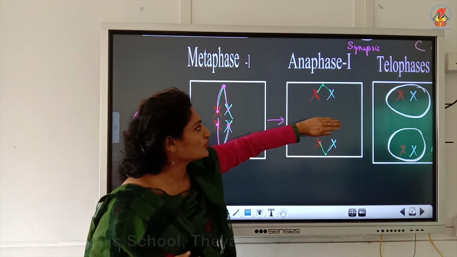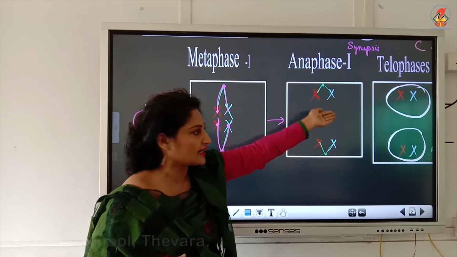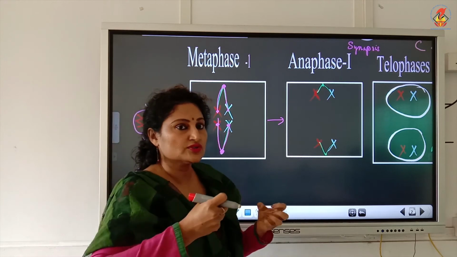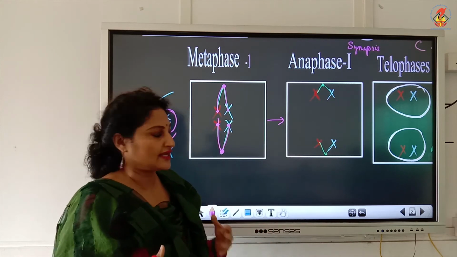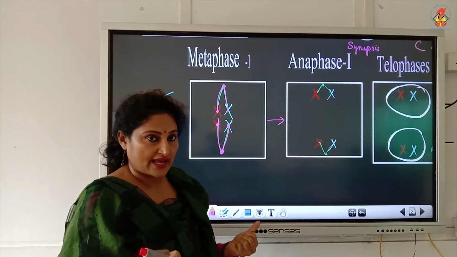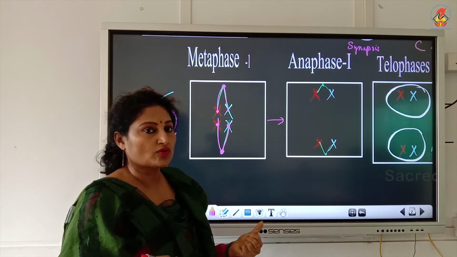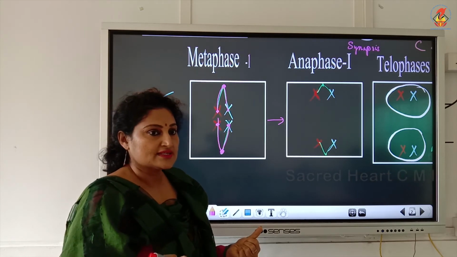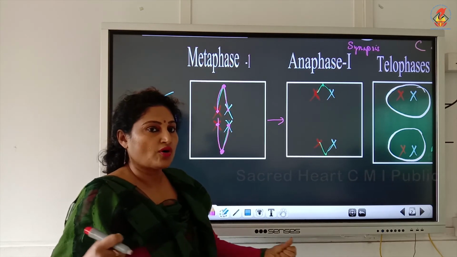Same way, one blue goes to the opposite pole and the other blue goes to the down pole. Clear? So the event occurring in anaphase stage is the spindle fibers contract, pulling the chromosomes of the homologous pair or of the tetrad and separating them to the opposite poles.